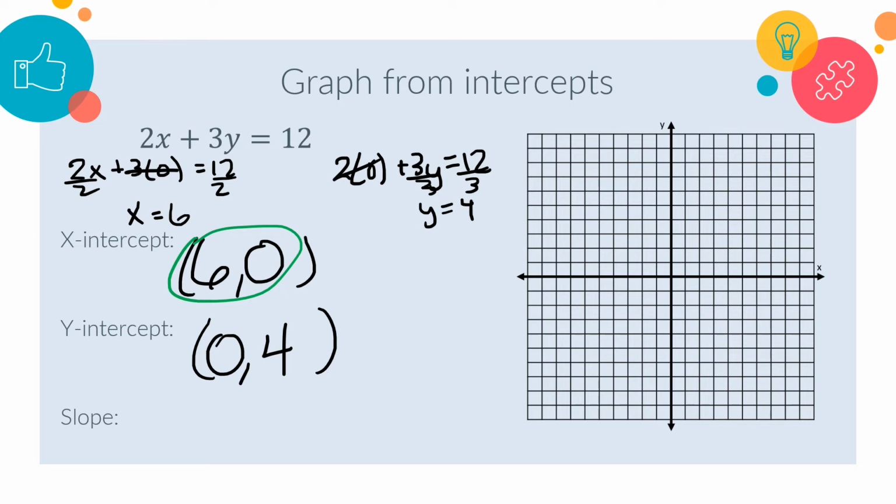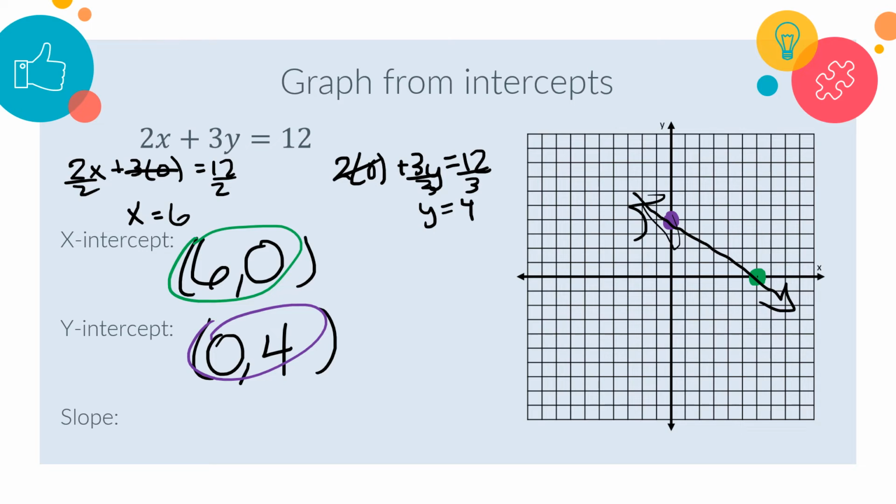So now I can actually plot these dots. Let's see, 1, 2, 3, 4, 5, 6. There's my x-intercept. 0, 4 is my y-intercept. It's on the y-axis. We have 2 dots that we can connect and draw arrows. And then for the slope, you have options here.